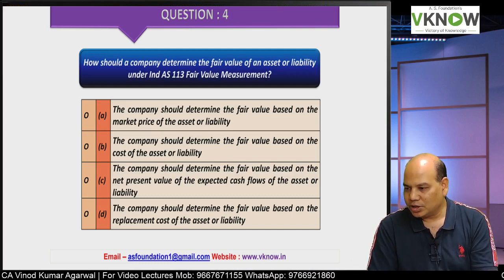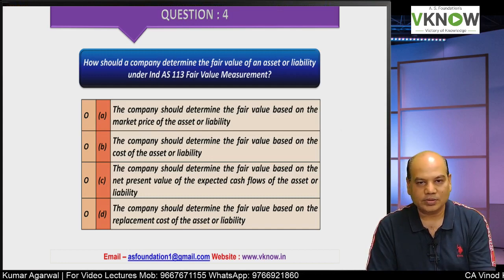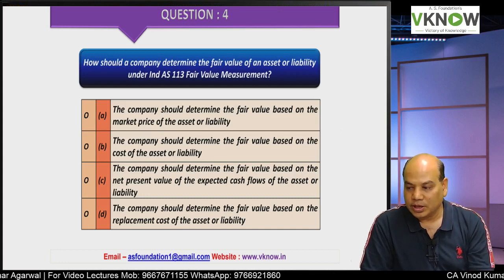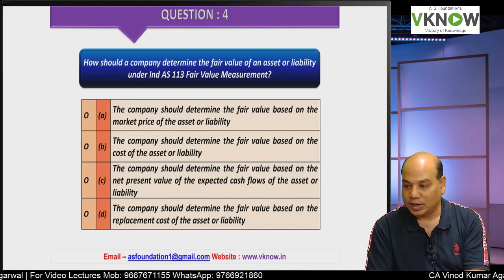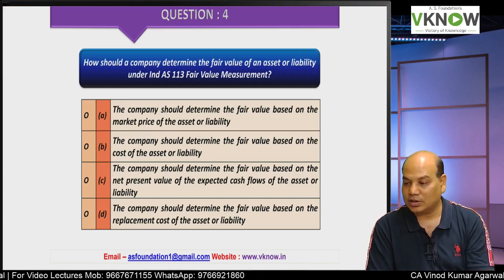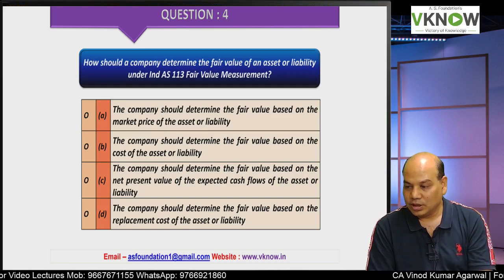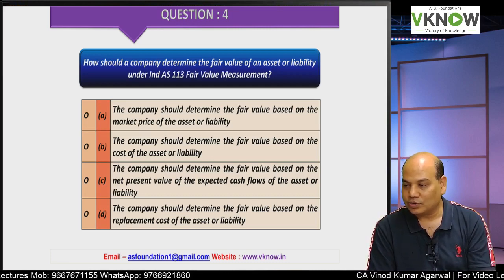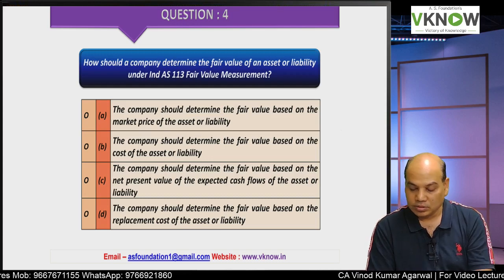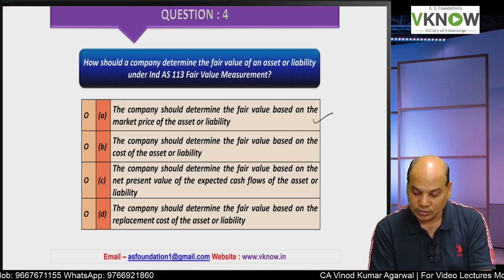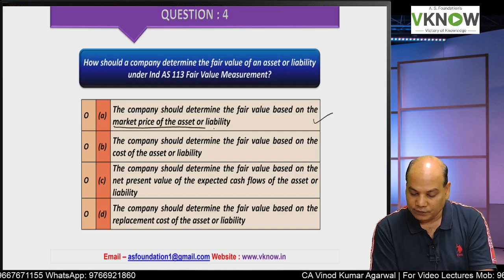Then companies should determine the fair value on the basis of cost of the asset or liability. Companies should determine the fair value based on the net present value of the asset and liability. And companies should determine the fair value on the basis of replacement cost of the asset and liability. So the answer is A. This is actually the first preference.